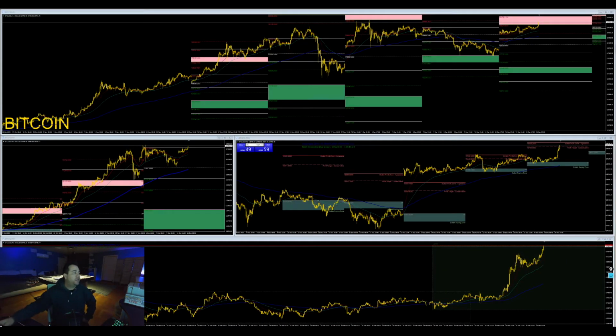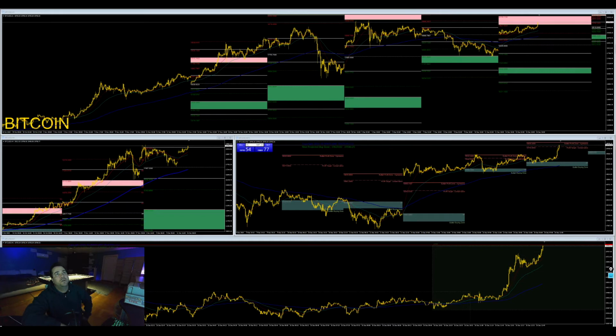Just taking a quick look here at Bitcoin. Made a pretty big move. We are right now in resistance, or at least the sell zone.